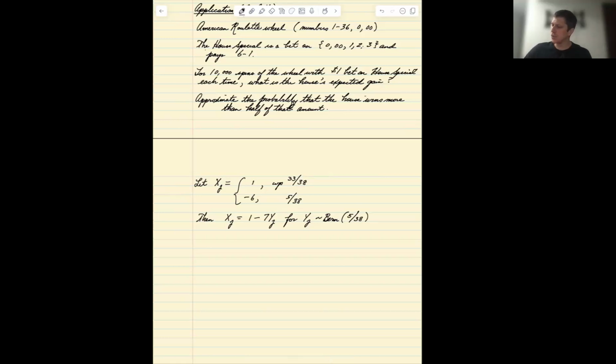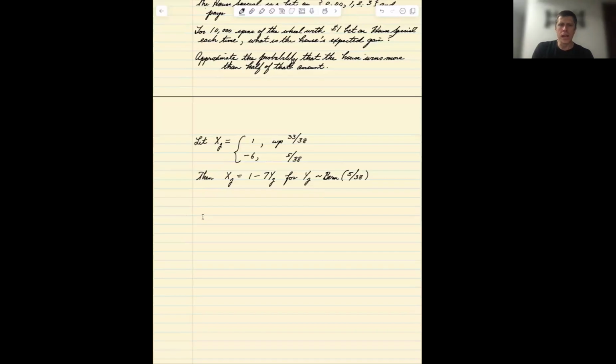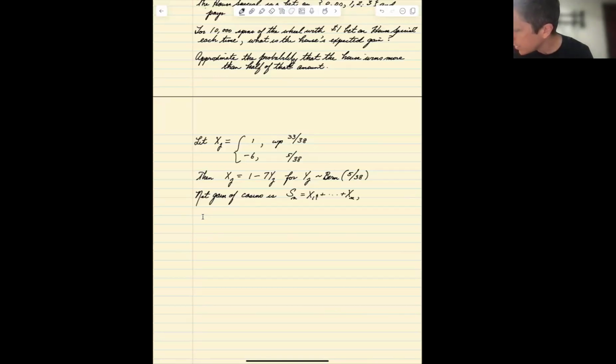If you're not sure where that comes from, take a minute to think about where that relationship comes from. And then the net gain of the casino in the 10,000 rolls is the sum Sn, X1 up to Xn, where n is 10,000.